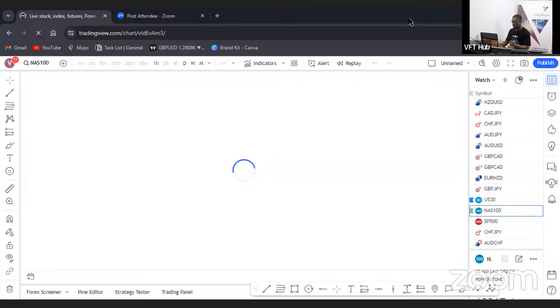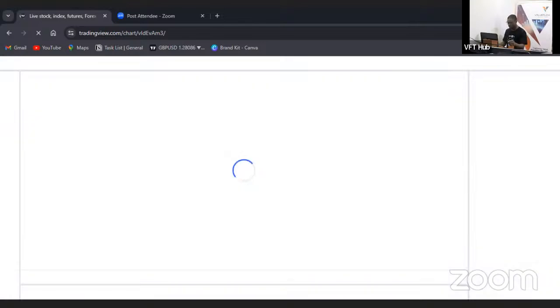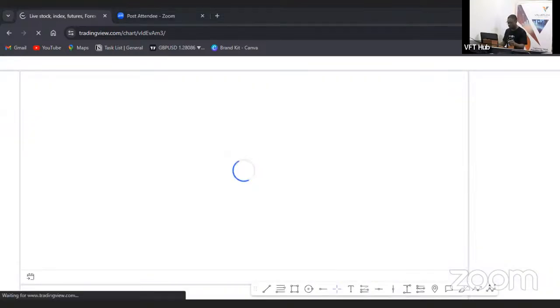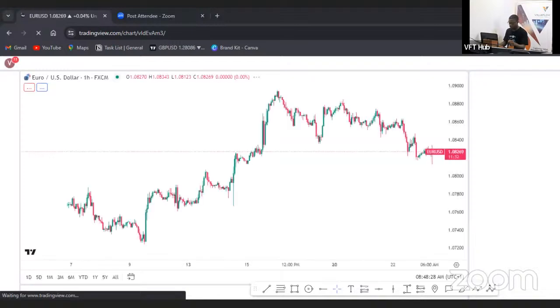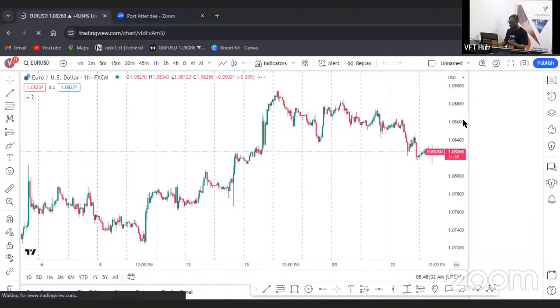So we saw something like a divergence yesterday on US 30 and also NAS 100. Apologies, it's taking its time to load this morning.